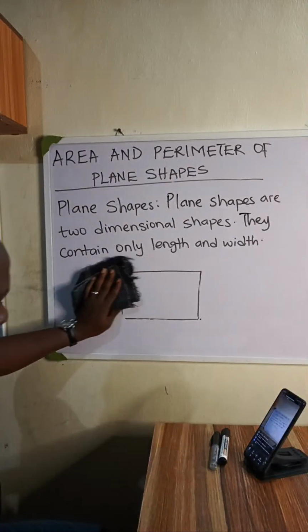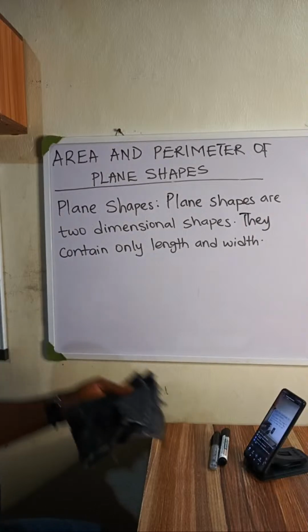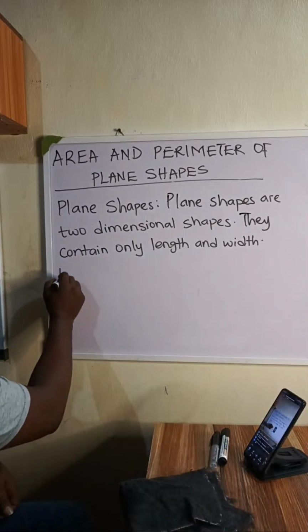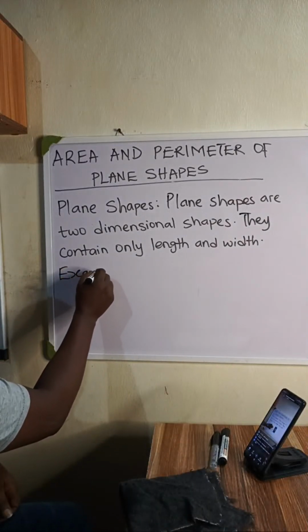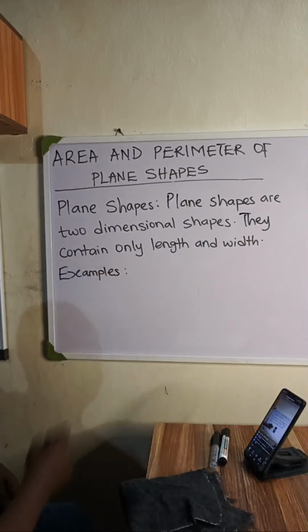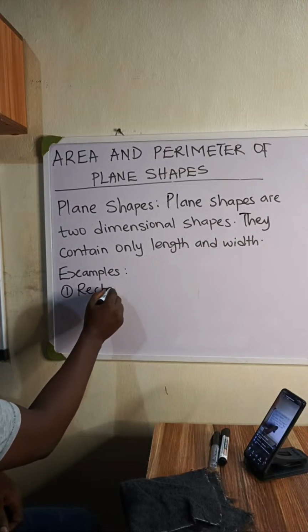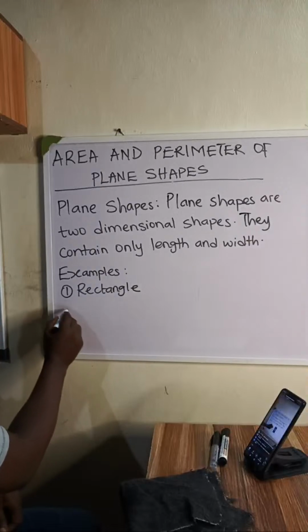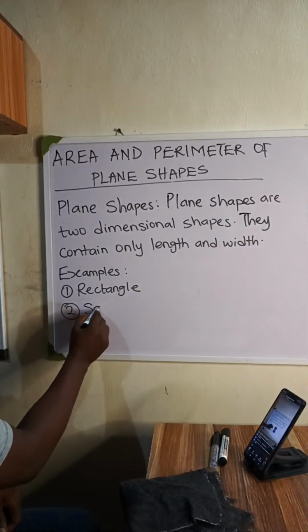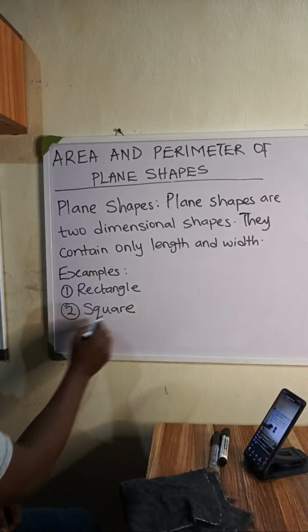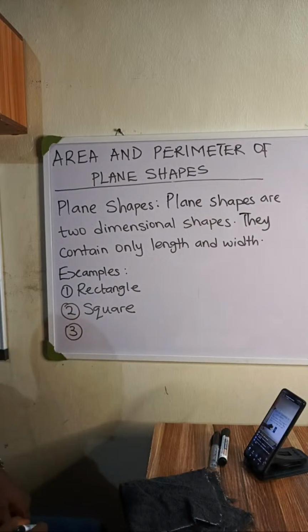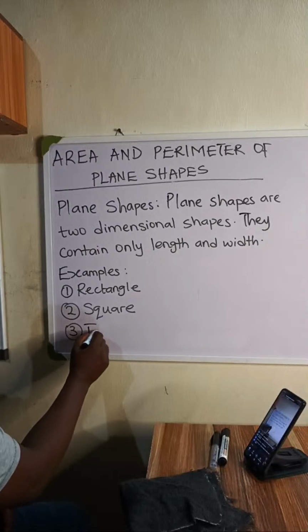Let's look at some examples of plane shapes. One, rectangle. Two, square. Three, triangle.